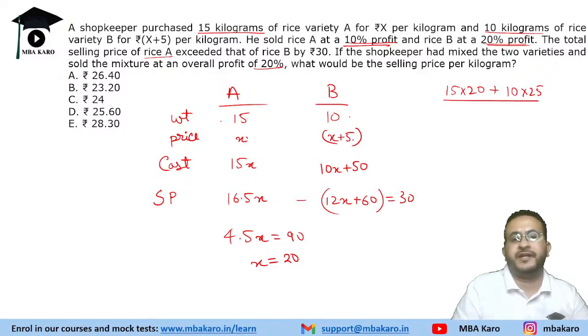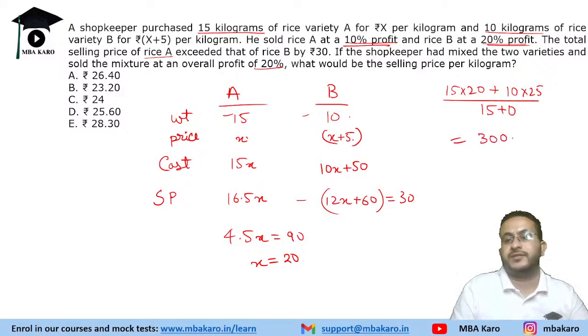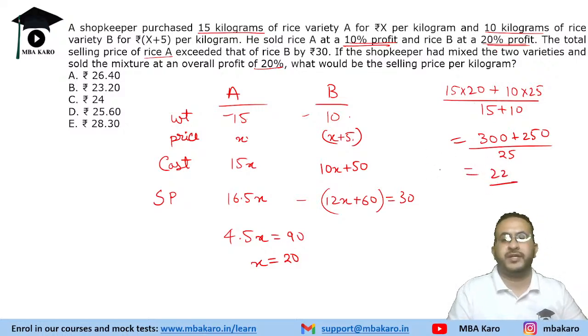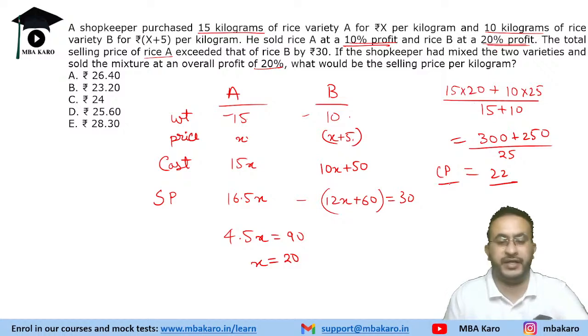And how much is the weight? 15 plus 10. So 300 plus 250 by 25. So that is 22 rupees. Right? So cost price आपका आ गया, mix का cost price आ गया 22.